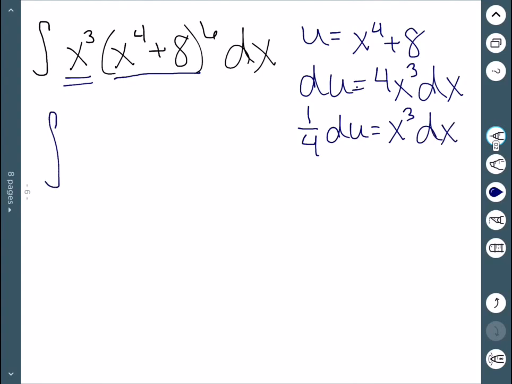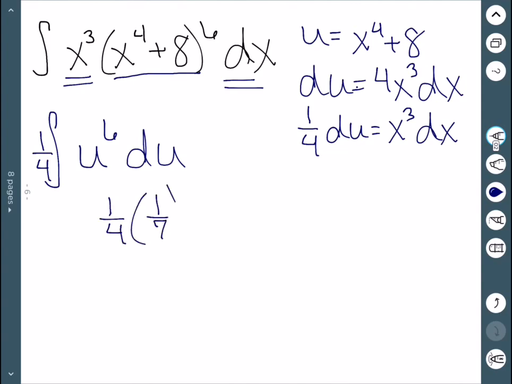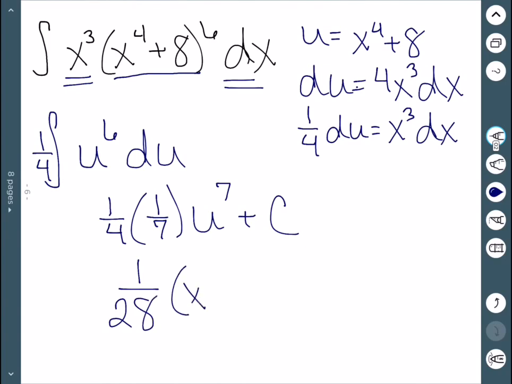So now this x to the fourth plus 8 to the sixth power would be u to the sixth power. And the x cubed dx is 1/4 du. We tend to write the 1/4 out front. Adding 1 to the exponent and dividing gives us 1/28. And then we would have x to the fourth plus 8 to the seventh plus c.